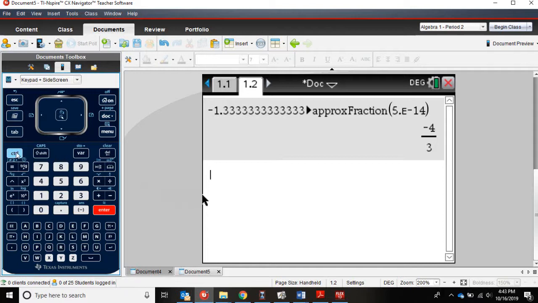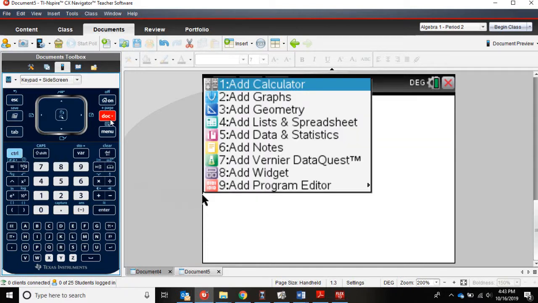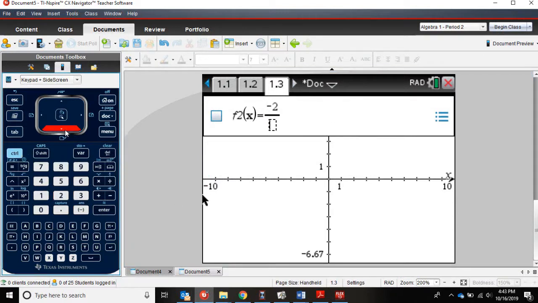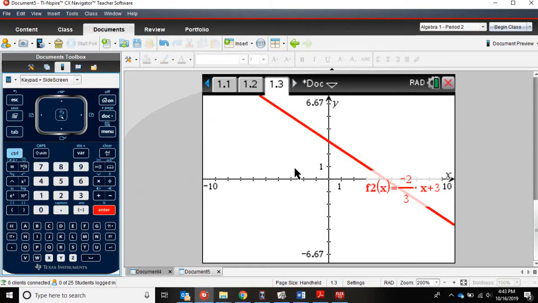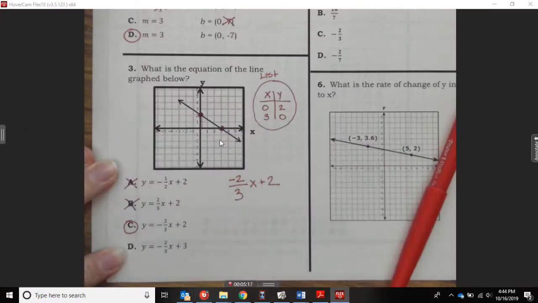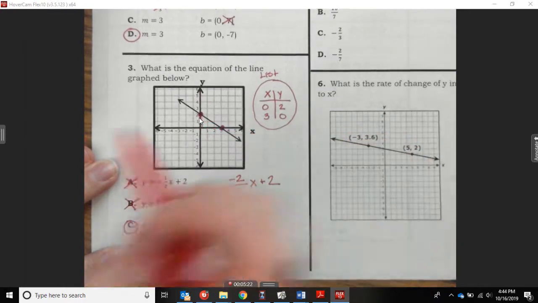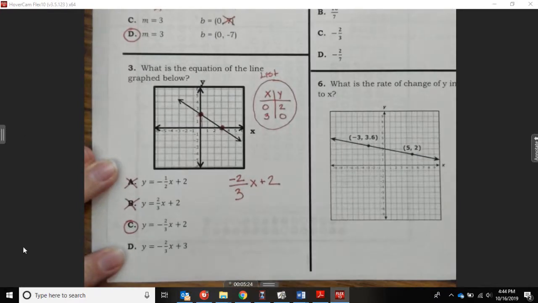And so if I were to go to a graph page and just type in 2/3 x, and then I put plus 3, you can see it crosses at 1, 2, 3. Whereas on our paper, it crosses here 1, 2. Okay? So it's only crossing at 2. So that would have eliminated that choice. So use your calculator in some shape, okay, if you can't count it by hand.